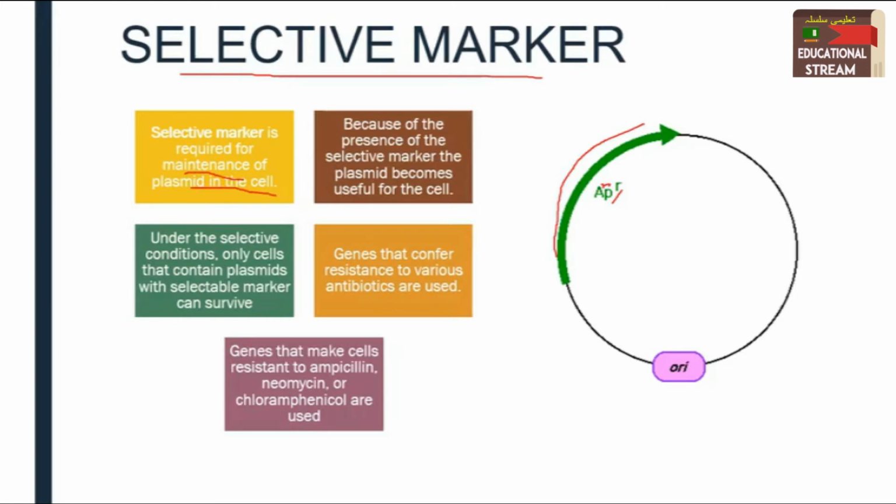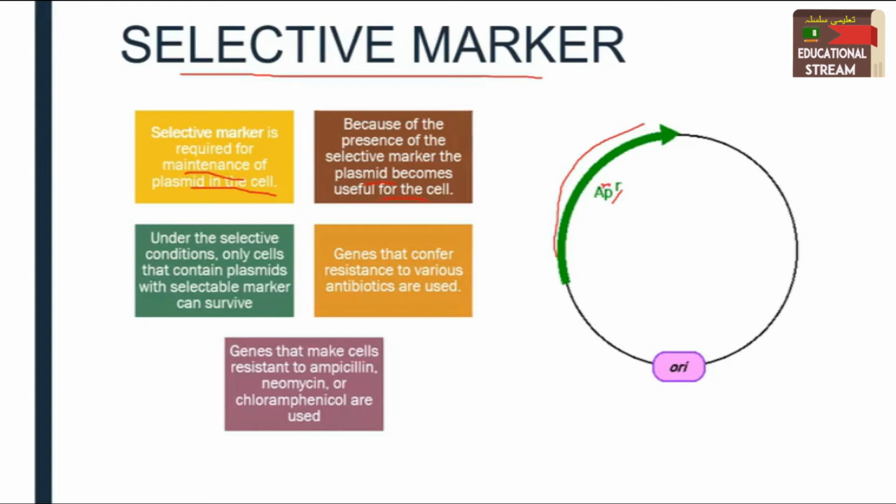We will come to know that the plasmid is present in the cell due to the presence of this selective marker. Because of the selective marker, the plasmid becomes useful for the host cell, because as I gave you the earlier example, if the host is susceptible to ampicillin, now it will become resistant due to this plasmid. So it is beneficial for the host cell.